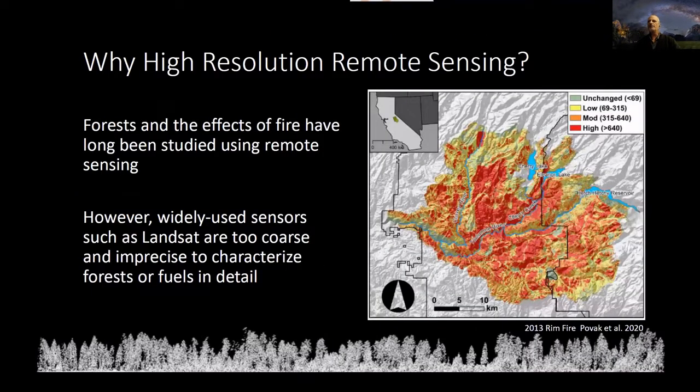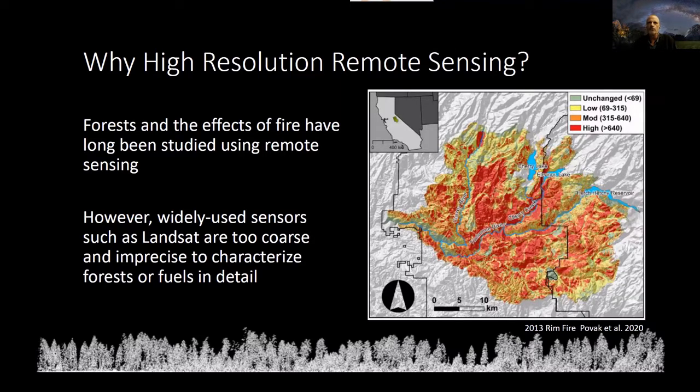So with that, let's look at high resolution remote sensing. Why is there now such a focus on using high resolution remote sensing to study forest and the effects of fire on forest and also the fuels within those forests? This, of course, is nothing new. We have been studying forests with remote sensing and the effects of fire for a long time, principally using satellite data with Landsat dominating that.